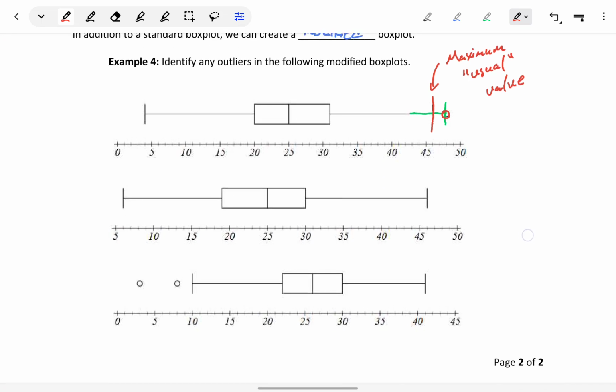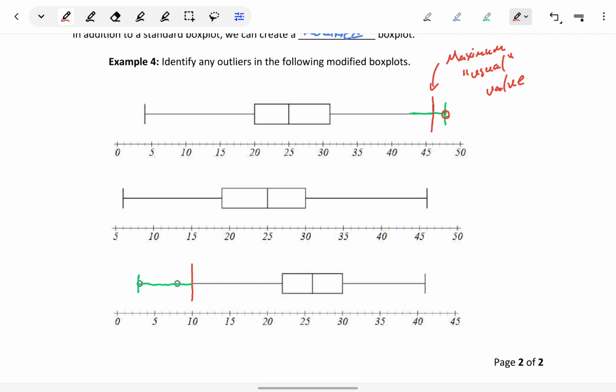If we jump down and look at the third box plot, we again have that modified fence because normally, if we weren't looking at a modified box plot, this line would continue on and that fence would be drawn at that farthest left point.